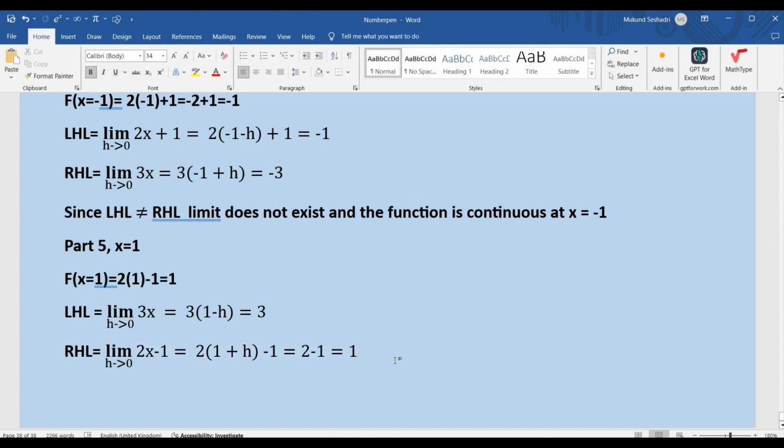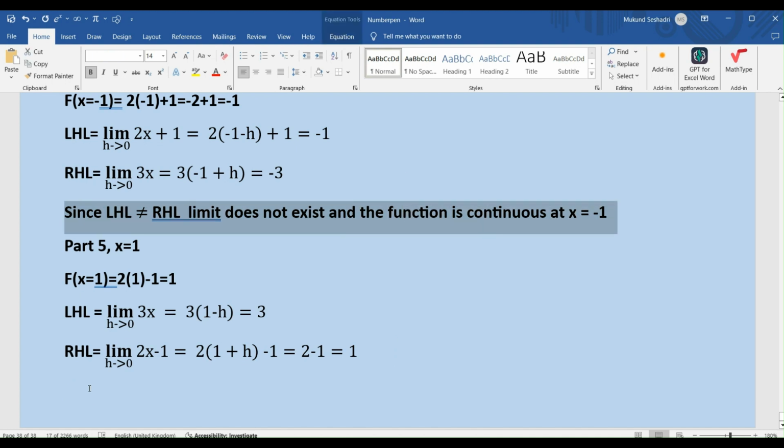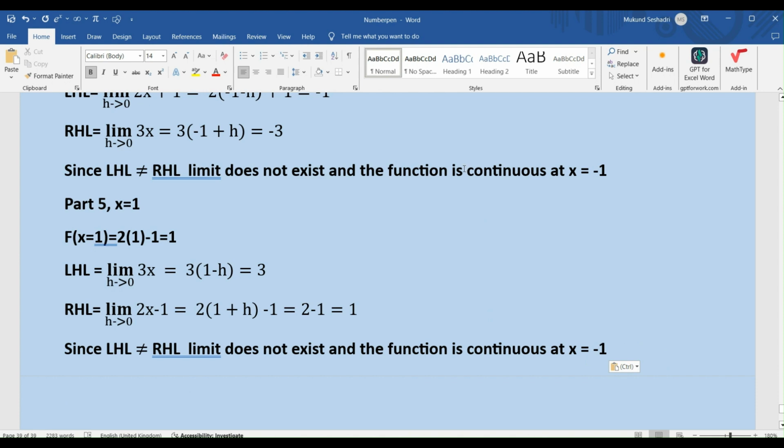When you draw the graph, the value that the function f of x takes for x being very close to the value 1 is 3, and then there is a break, right, at f of x equal to 1, and therefore my LHL not equal to RHL in this case, because my RHL equals 1 and my LHL equals 3, and therefore the function is not continuous at x equals 1.